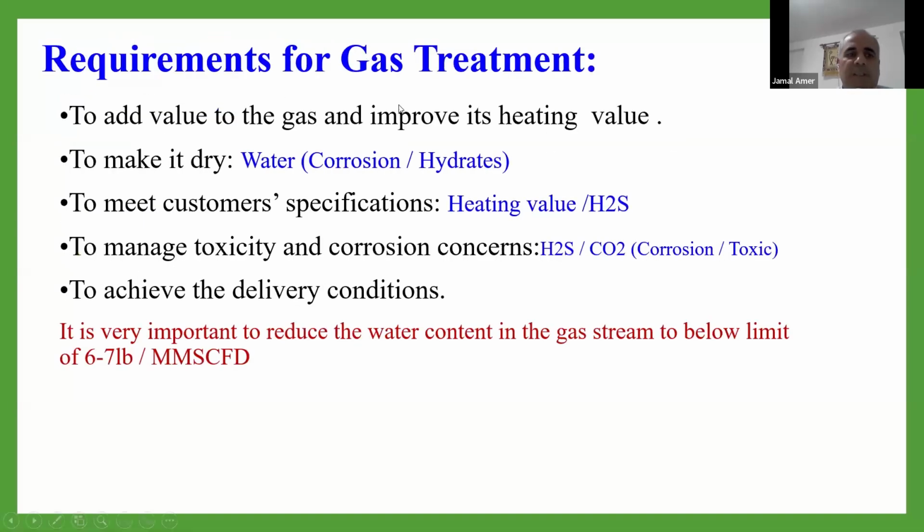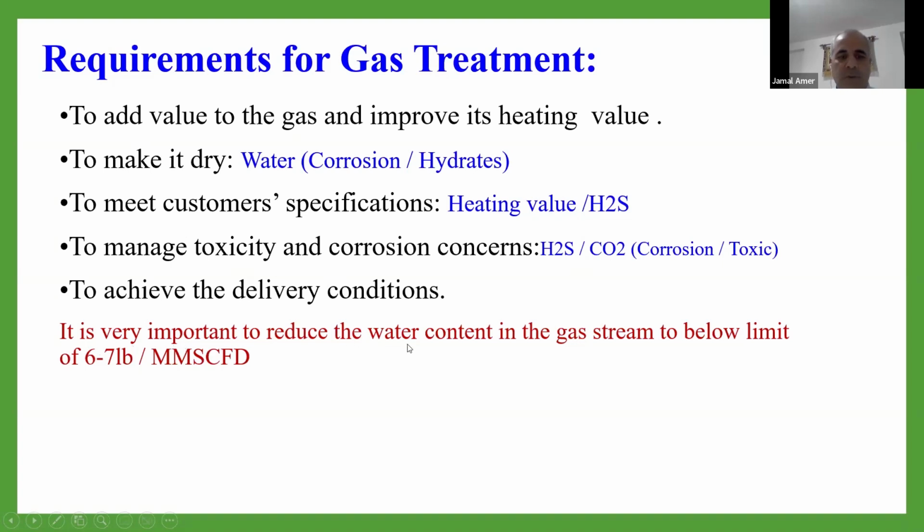So, the requirements for gas treatment: why do we need to do process treatment for the raw gas? To add value to the gas and improve its heating value, to make it dry because water causes corrosion and hydrates, to meet customer specifications for heating value and H2S content, to manage toxicity and corrosion concerns, since H2S and CO2 are corrosive and toxic, and to achieve the delivery conditions, as we said, pressure and temperature.